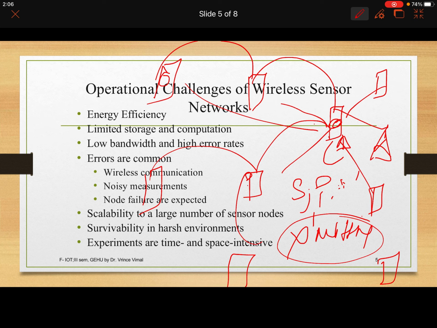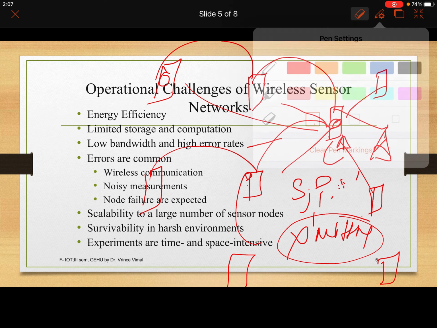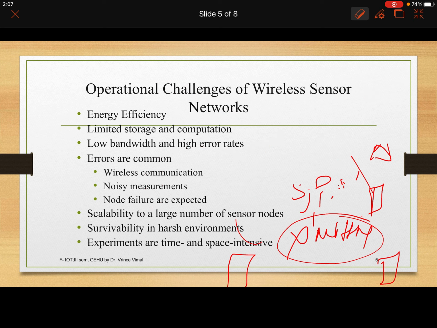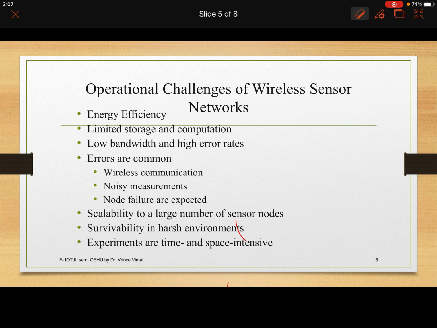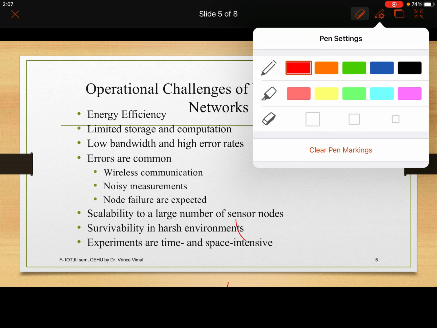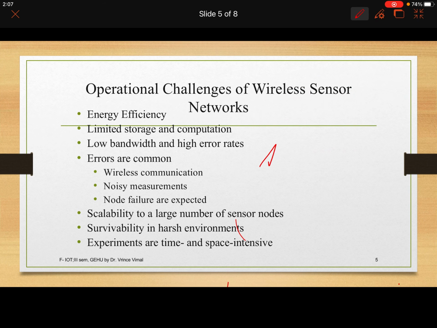Then limited storage and computation. We know that sensors are constrained devices, so that is why edge scenarios and fog scenarios come. Bandwidth we have talked about a couple of times. When we talk about wireless communication, one problem for a signal to travel from transmitter to receiver through a wireless medium is that the signal decays exponentially.